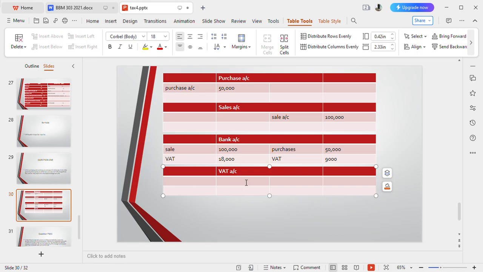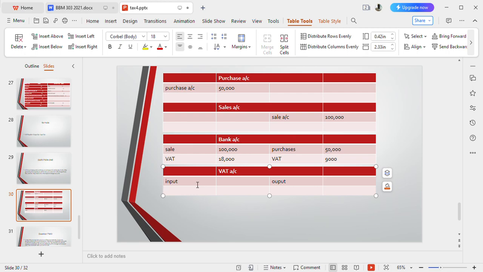So in the VAT account, the debit side is input, the credit side is output.